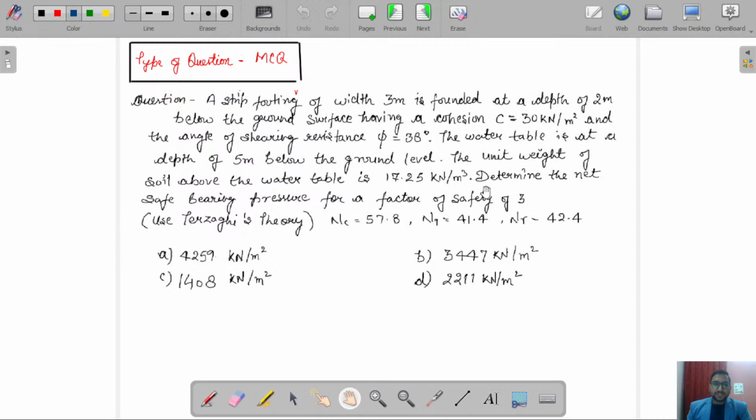Bearing capacity constants are given. Nc, Nq and N gamma values are given to you for phi equal to 38 degree.